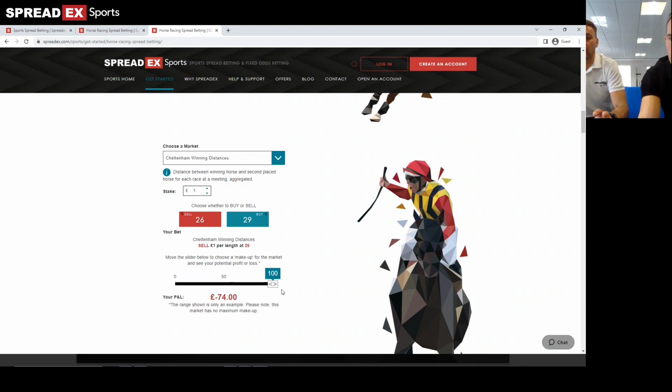So at least you know your maximum downside if you're buying at 29. For a sell, it isn't quite so certain. So when you're buying a market with a maximum downside of 0, you always know what the worst case scenario is, so you can work out your stake size accordingly.